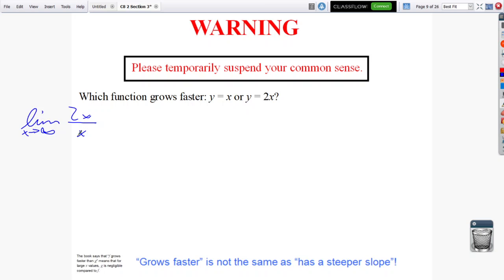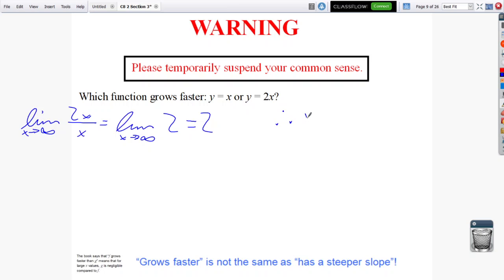We have infinity over infinity, but it'd be so much easier just to rewrite this as the limit as x approaches infinity of 2, and then recognize that the limit as x approaches anything of 2 is just 2. It doesn't matter what x is going to be. That limit is just a constant right there. So here we have the limit of the ratio equals a number. That number is not 0.